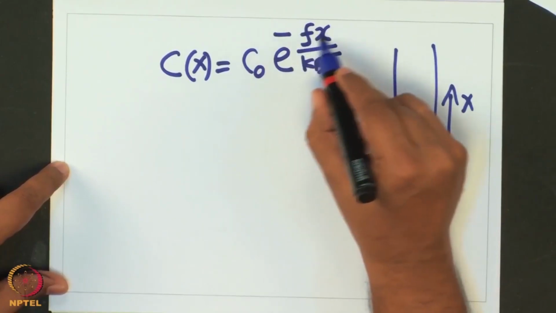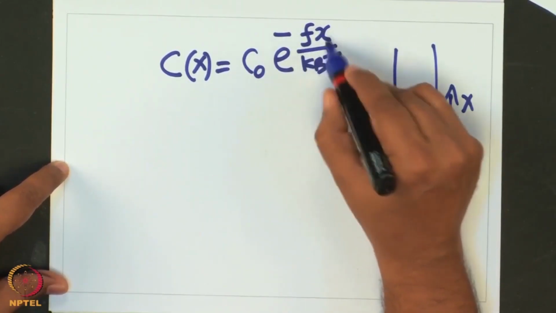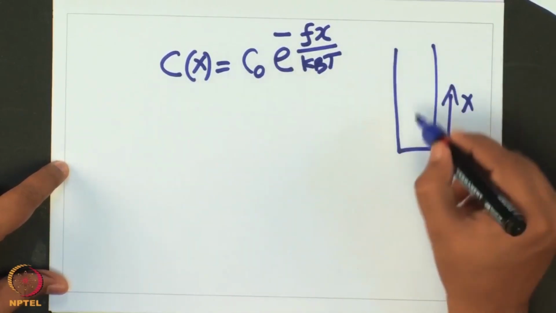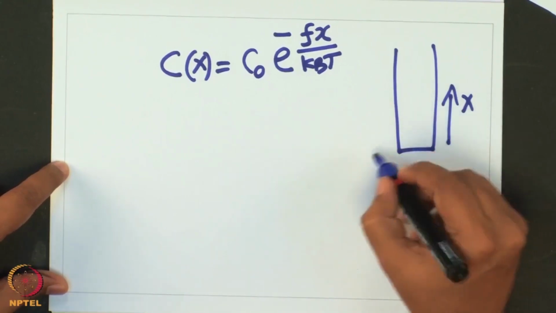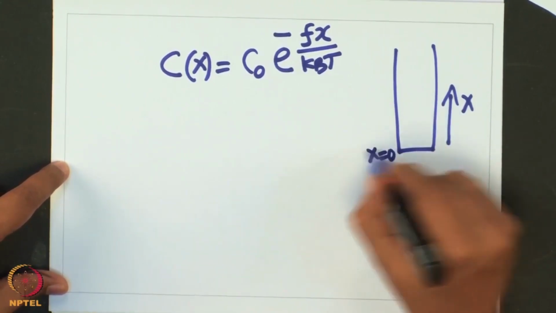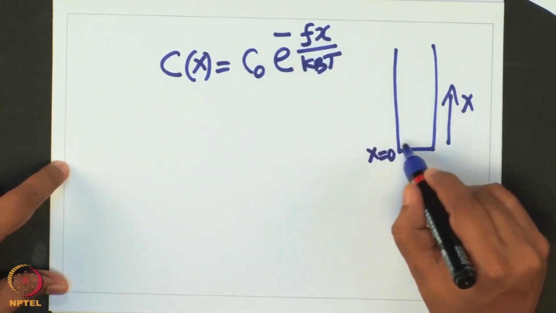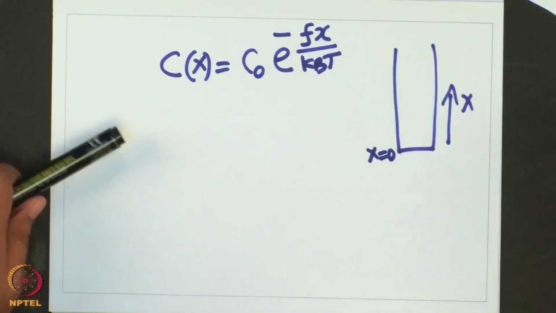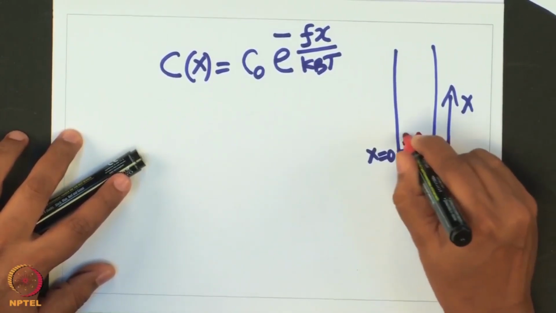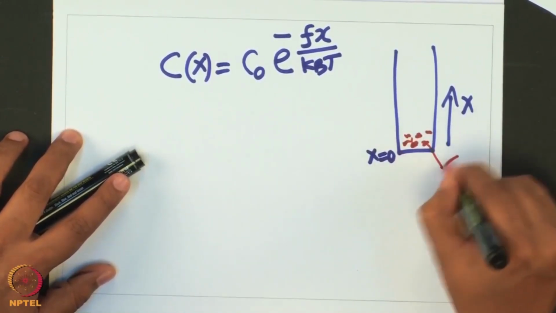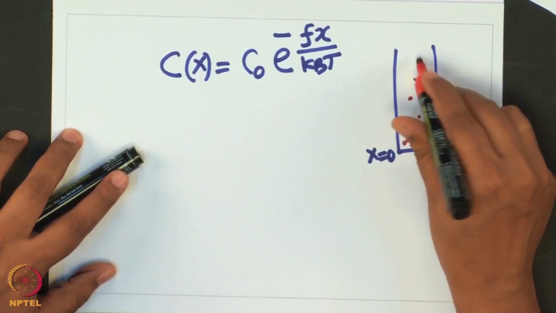So, Fx is the energy, force times distance, and kBT is also energy. So, it can be shown that the concentration at x equal to 0, that is at the bottom, there will be high concentration, which will be C0, and as you go the concentration will decrease.